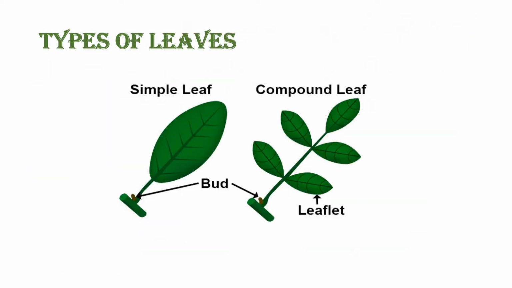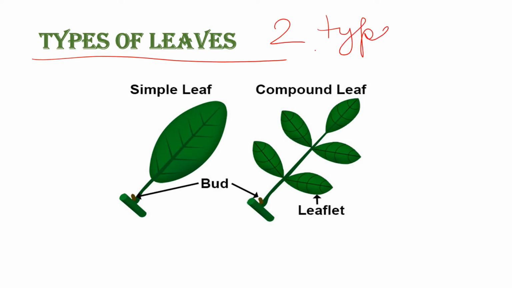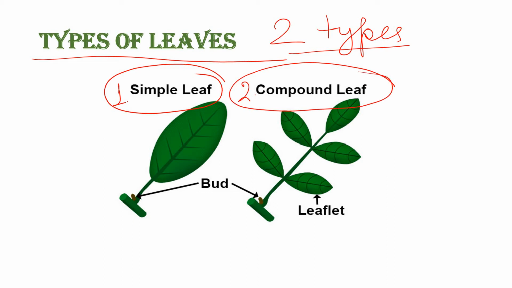Now coming to page 8, we can see the types of leaves. These can be divided into two types. What can those two types be? Number one is the simple leaf and number two is the compound leaf. What is a simple leaf? Leaves with undivided lamina.